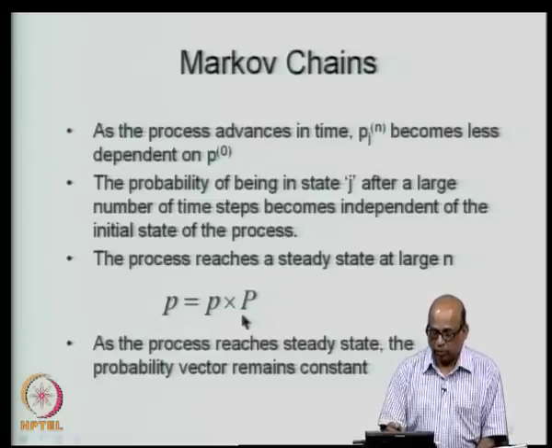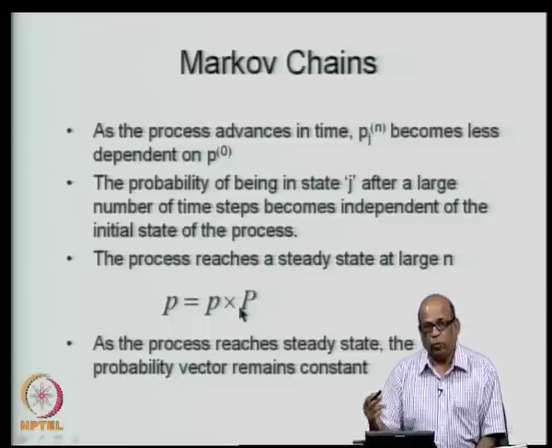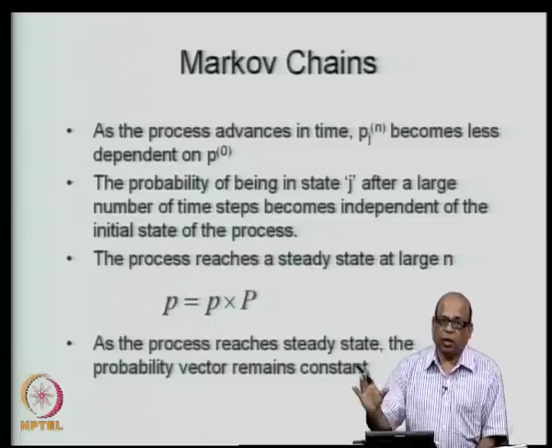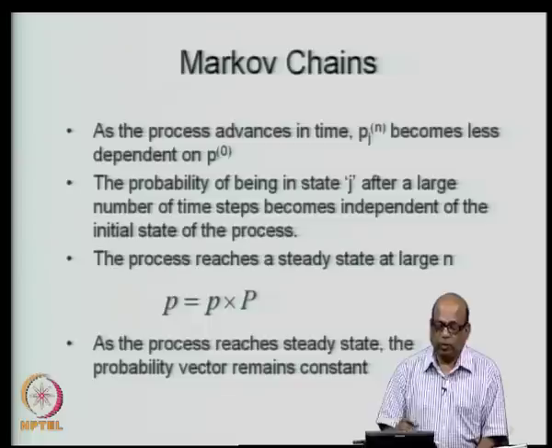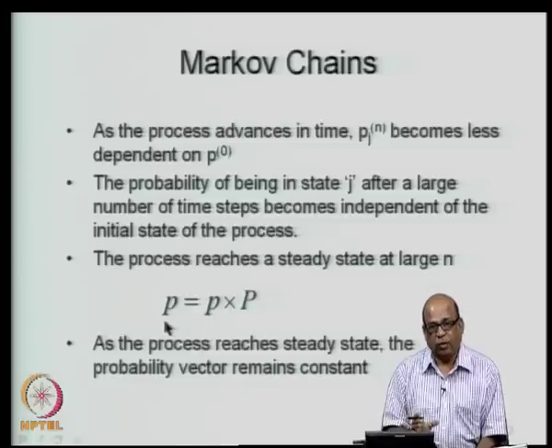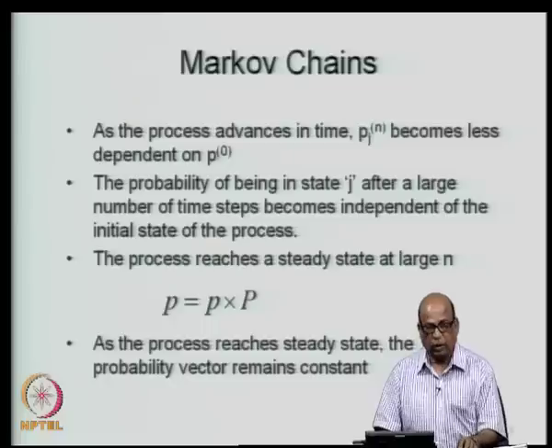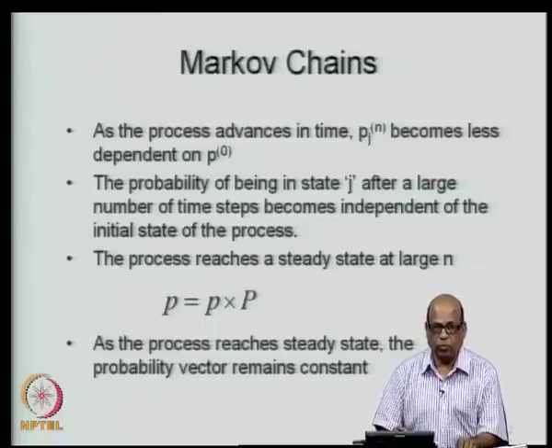So, the transition probability matrix P to the power 2, P to the power 4, P to the power 8, etc. So, we are talking about n step transition probability matrices, the transition probability matrix raised to the power n. As n becomes larger and larger, the probability vector converges, and that is what gives you the probability vector. We will see that through an example presently.